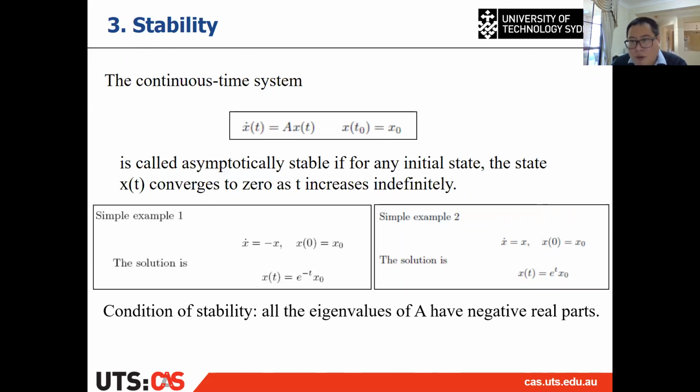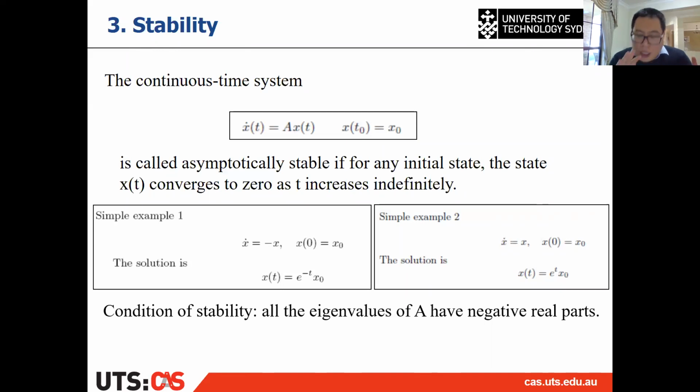All right, so if A is a 3 by 3 matrix and there are three eigenvalues of it, and the first eigenvalue is -2, the second eigenvalue is -3, and the third eigenvalue is 1, then in this case the system is not stable, because it is stable only if all the eigenvalues are negative or have negative real parts.